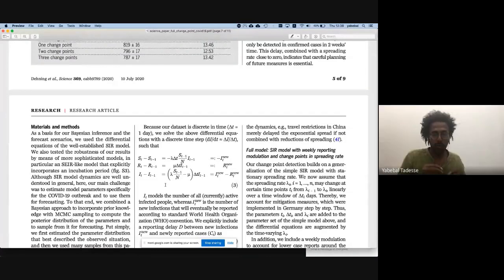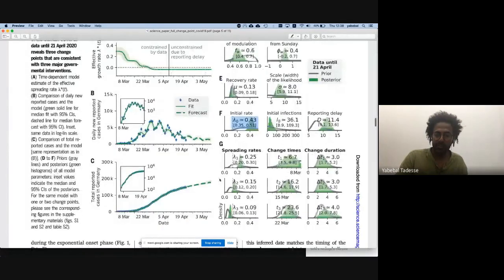So what the model is doing is that it takes the training data and tries to find the lambda that satisfies that data, and mu. It estimates everything together, not separately. Finally, it gives you this kind of plot.